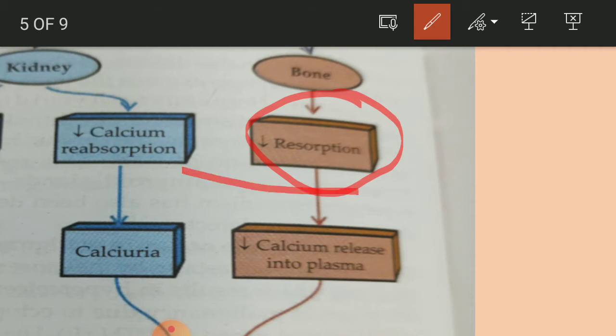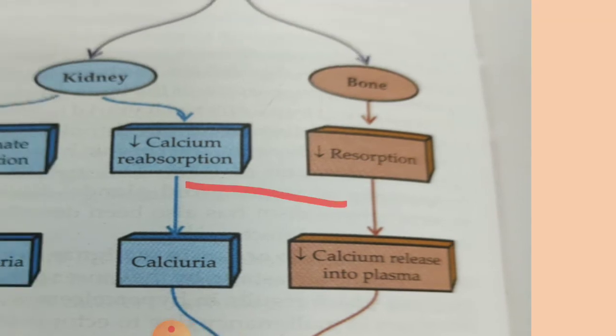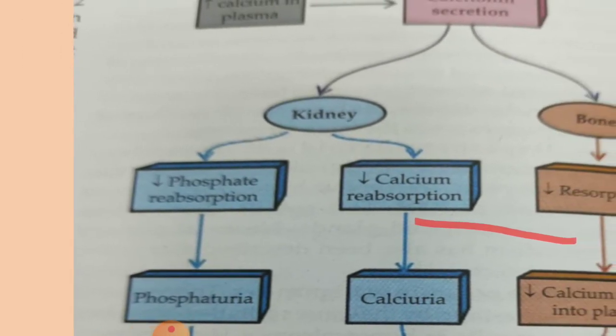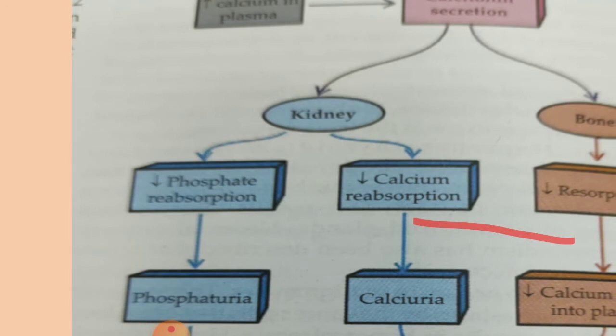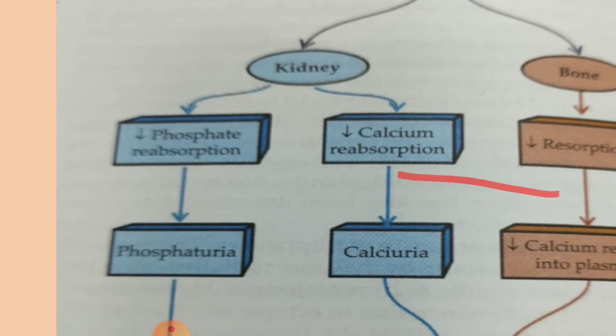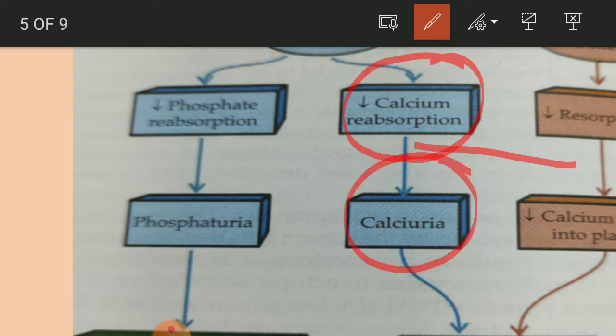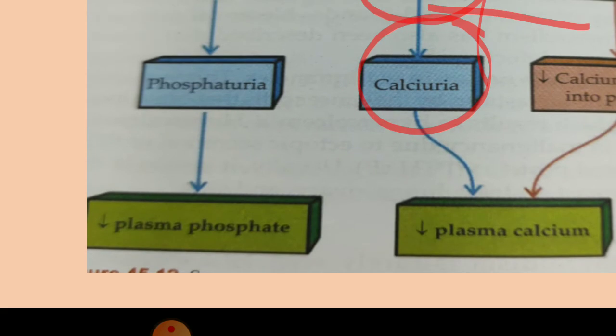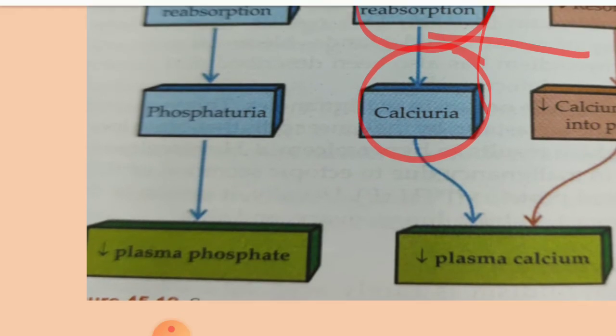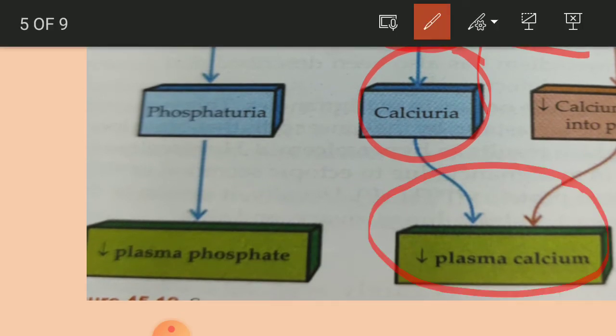Another target organ for calcitonin is kidney. What does it do there? Calcitonin decreases calcium reabsorption, and thereby there occurs increased calciuria. Increased amount of calcium gets excreted through urine, and both of these actions ultimately help to reduce blood calcium level.